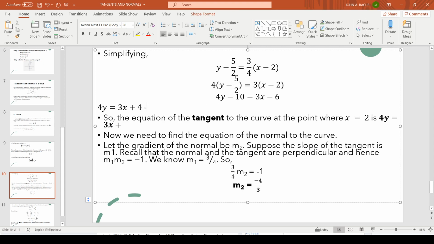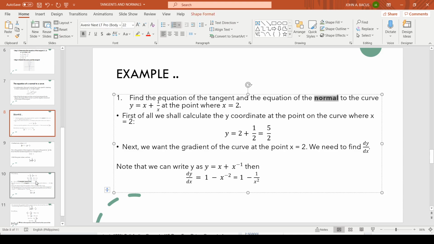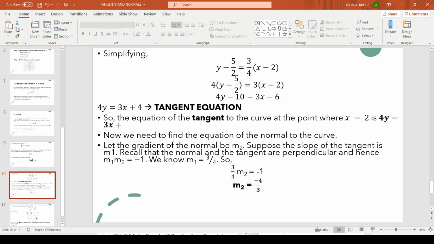So, this one is the tangent equation. What the question is asking is to find the tangent and also the normal equation. You also have to find the normal.